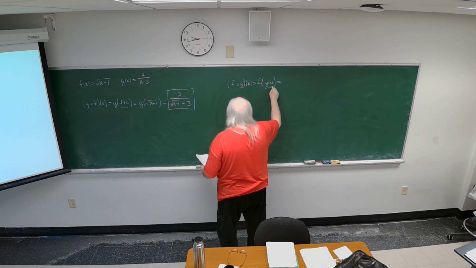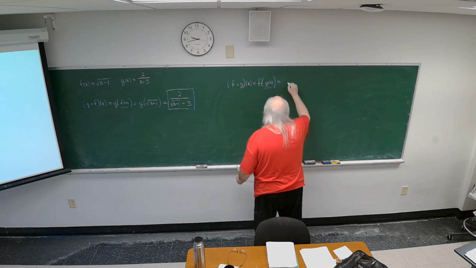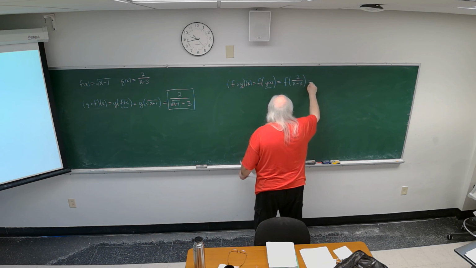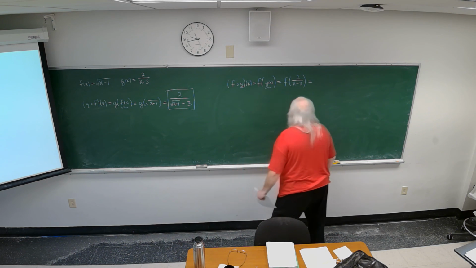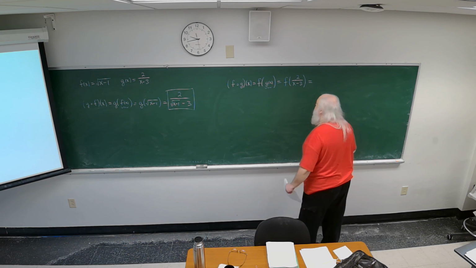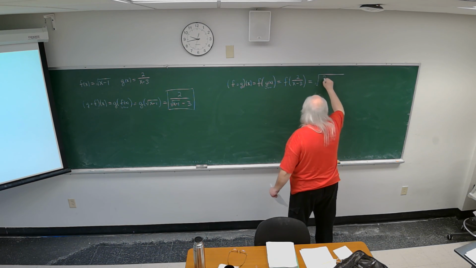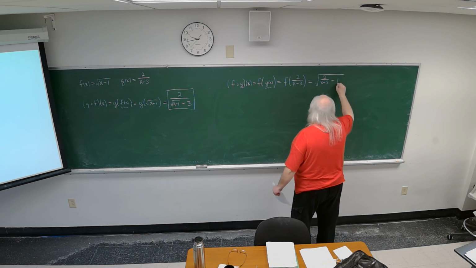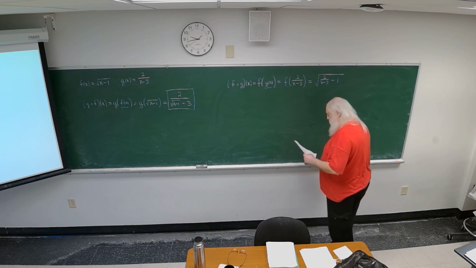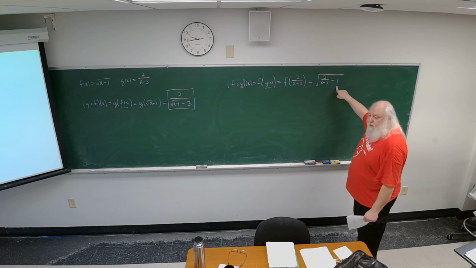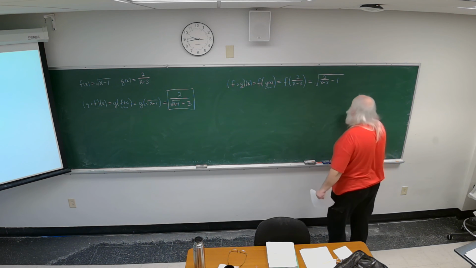g of x is equal to 2 over x minus 3. Now you have to evaluate f at 2 over x minus 3. That's equal to the square root of 2 over x minus 3 minus 1. And again, to simplify, you need a common denominator, which is x minus 3.